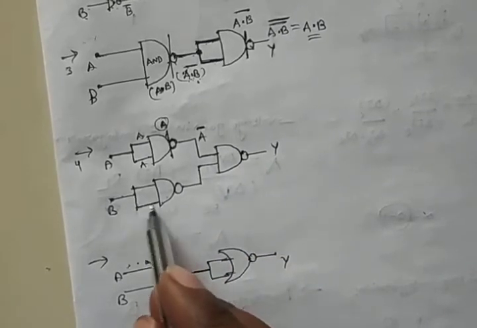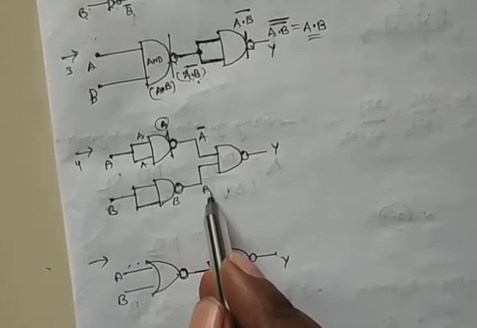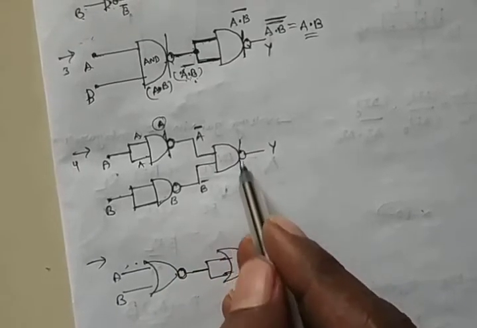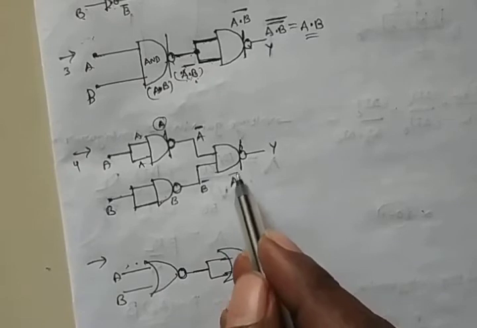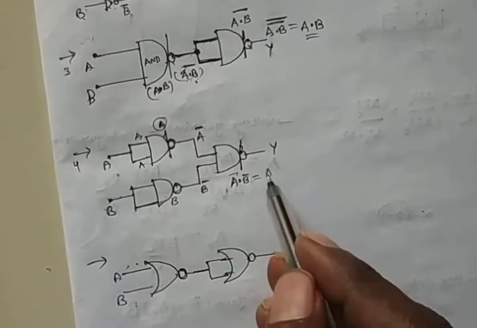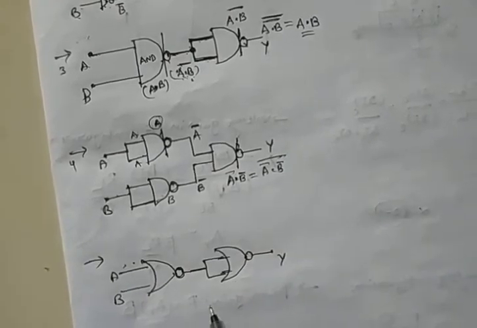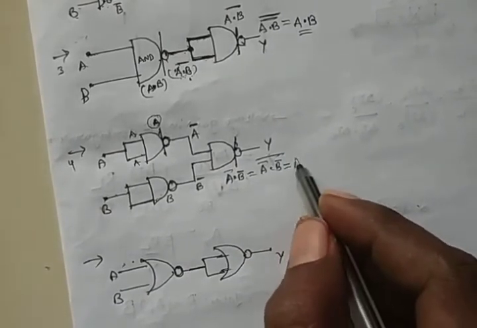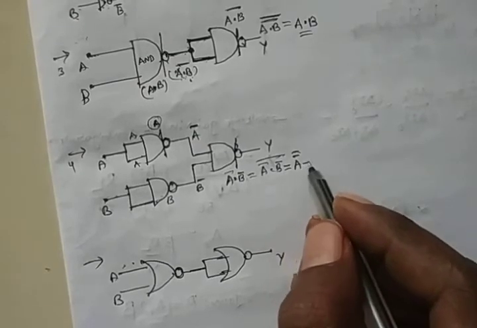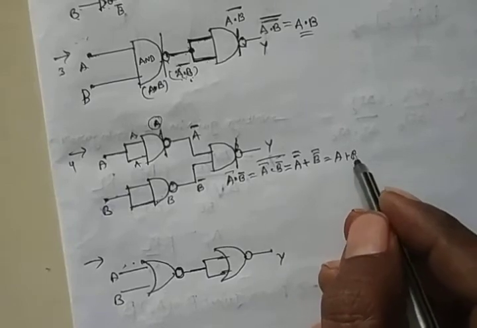Then this behaves as B, means up to this B. After the circle, B bar. Up to this is the AND gate, means A bar dot B bar. Then after the circle you will get (A bar dot B bar) whole bar. By using De Morgan's theorem we can write like this, A plus B.